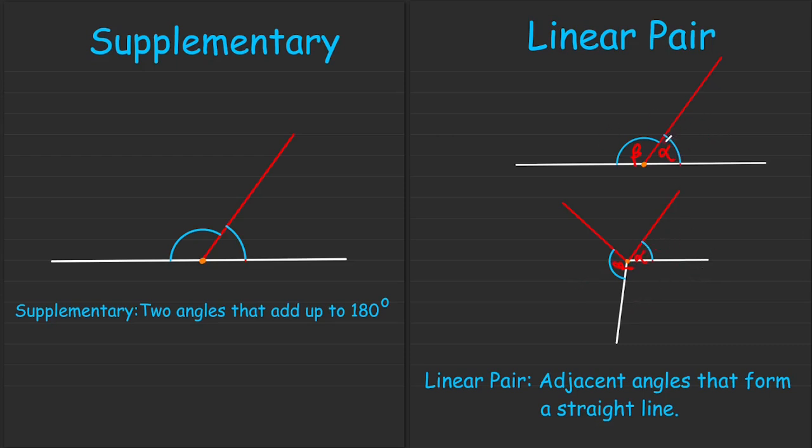But these two have been aligned such that they have a common arm and they are adjacent. On the other hand, this alpha and this beta don't even have a common arm. So let me make the arm of this alpha all red, and then make that of this all yellow. As you can see, they have their own set of arms. So this is what we call a linear pair.